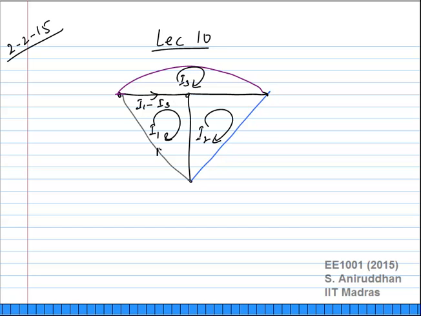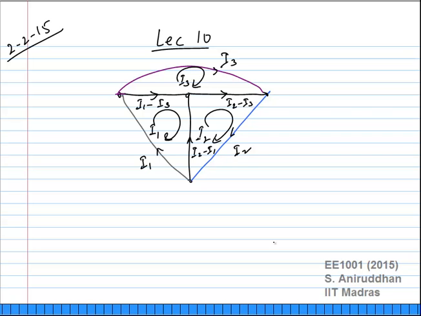What is the current through this? The current through an edge that does not border a second mesh would just be the loop current, would just be the mesh current. So this is I2, this is I3, this current is I2 minus I3, this current would be I2 minus I1.